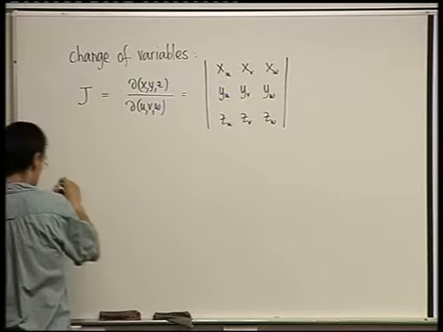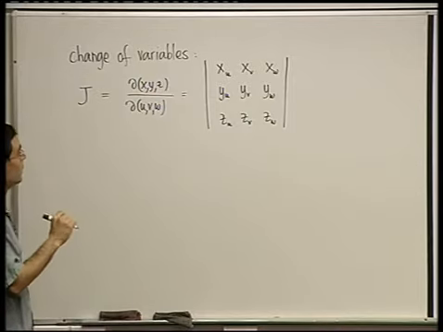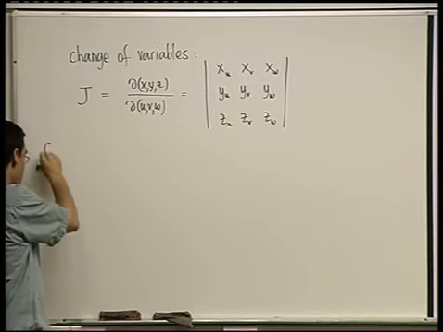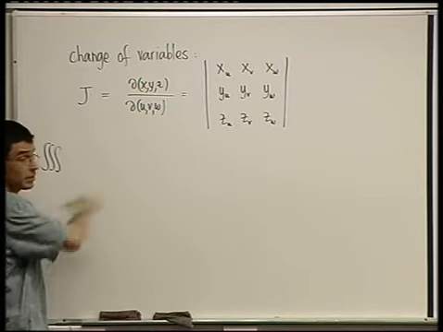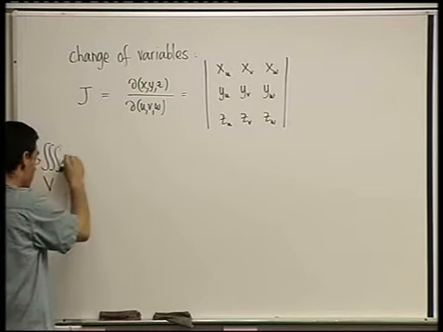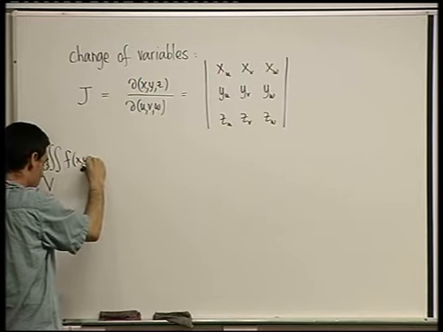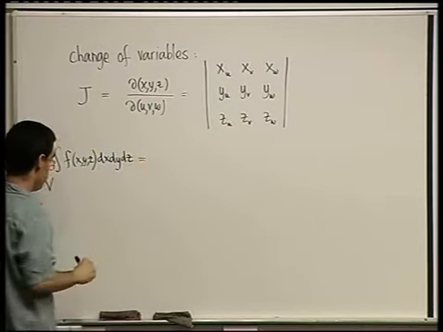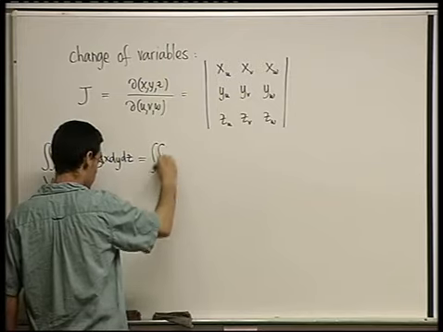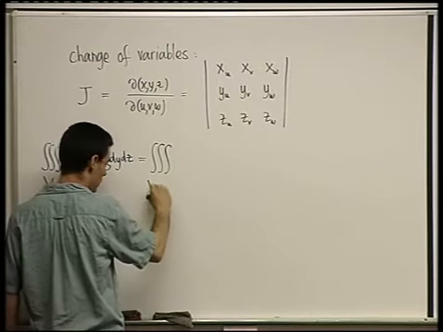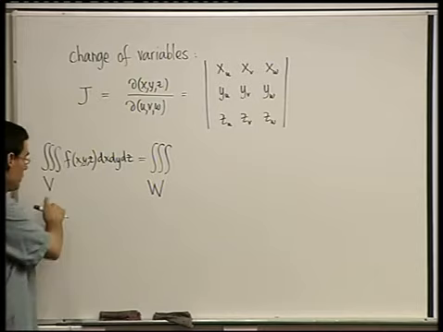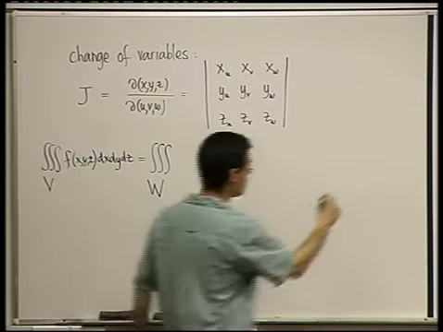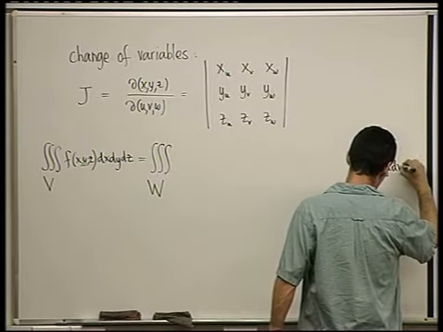And now I have to use a smaller font because it's going to be very long. So the integral over V of f of x, y, z, dx dy dz equals the triple integral over a new domain, which let's call it big W. So these were D and E in double integrals. Now we're calling them V and W. And now this is going to be du dv dw.